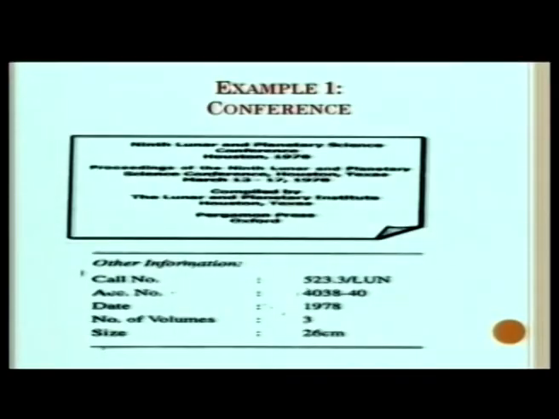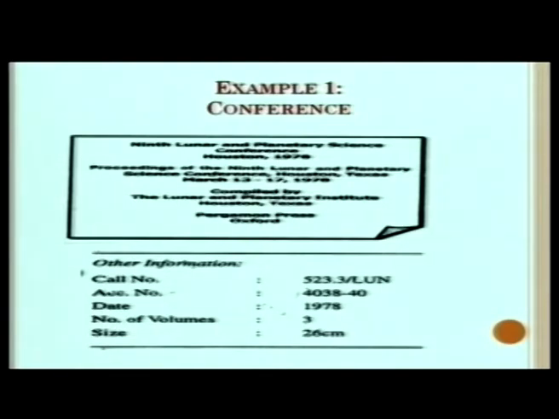So, let us come to the example of the conference. On the top, what you are seeing is the name of the conference, then where it was held, the year of the conference, then the proceedings of the conference, then compiled by whom, then publication details and other information, call number, accession number, date, number of volumes of this conference proceeding and the size of the proceeding.